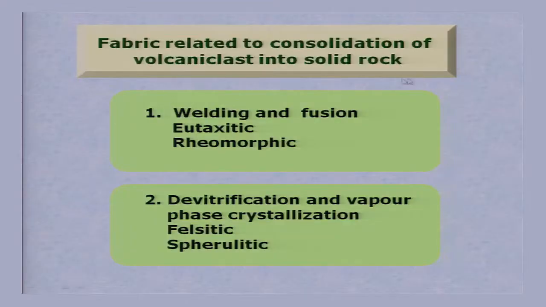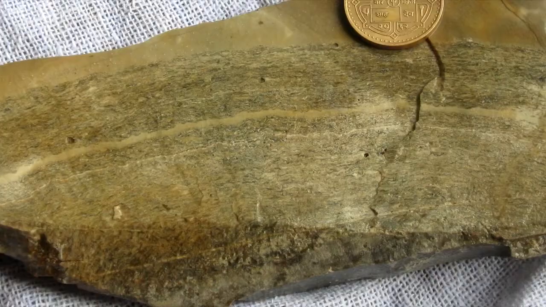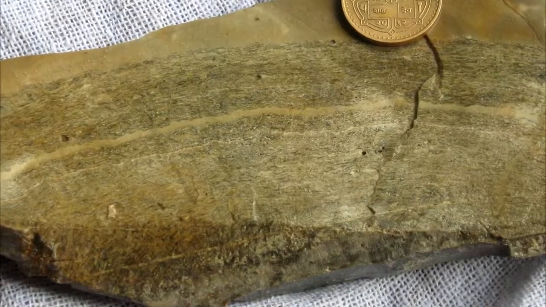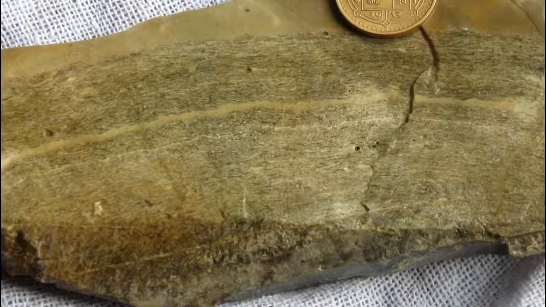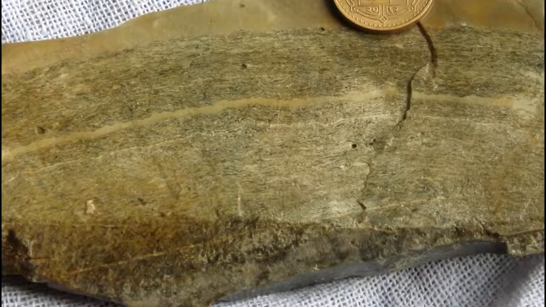This is fabric related to consolidation of volcaniclasts into solid rock. If these pyroclastic rocks, which I have just discussed, are lying on the surface and were transported, or even if they were not transported but consolidated at their own place, they form a rock, and the rock is known as volcaniclastic solid rock.